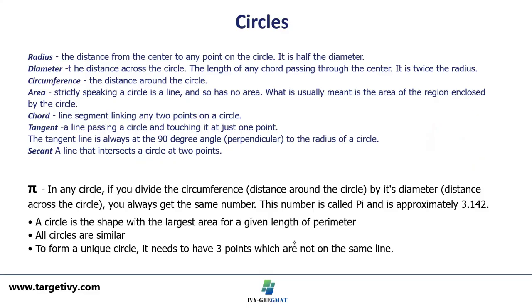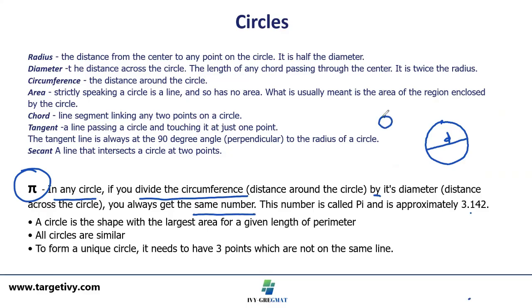But what is pi? Pi is a constant. In a circle, if you divide the circumference, this length, by its diameter, you will get the same number, no matter how big the circle is.